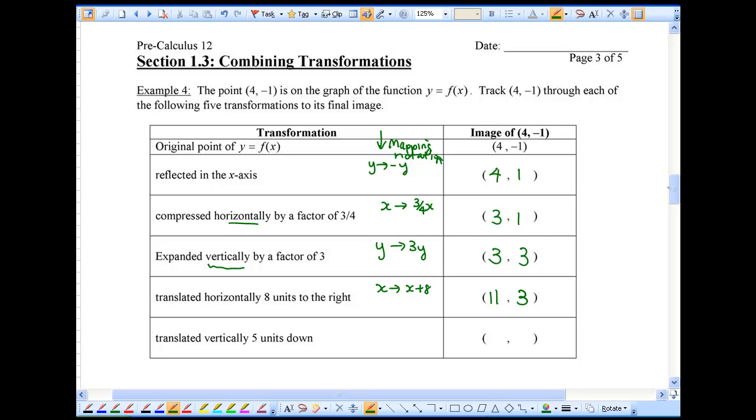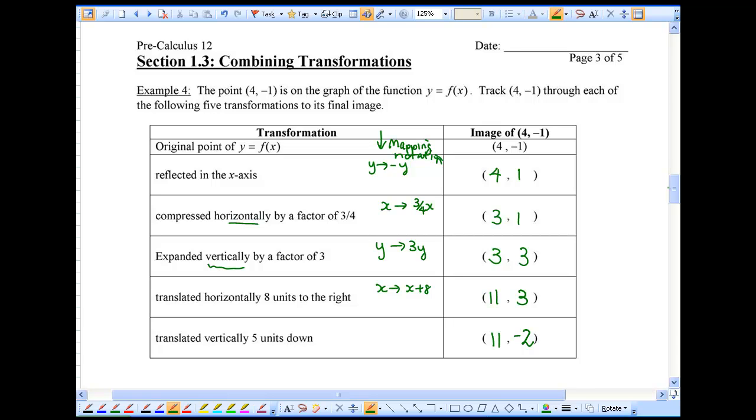And then lastly, we're translating vertically 5 units down, so 3 take away 5, of course, is negative 2. And there we have it. Ta-da! Our point that started at 4 comma negative 1 is now 11 comma negative 2.